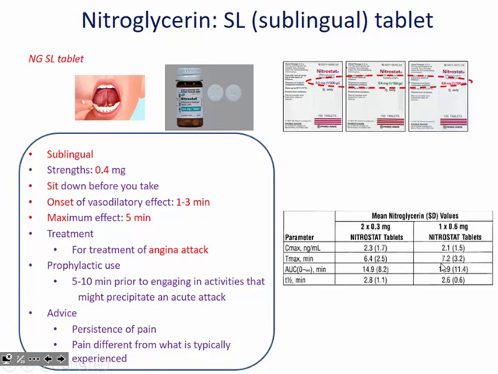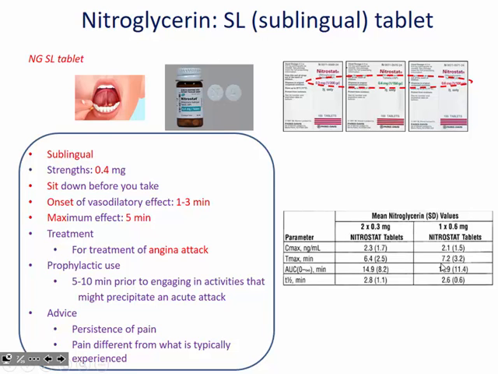So 6 or 7 minutes is where the Tmax is, right? So no wonder you have a maximum effect at about 5 minutes, and that's why for angina, they usually take 1 nitroglycerin tablet, and if they don't see relief, they go for the second one after 5 minutes, okay? And so that's because the maximum effect you would expect at 5 minutes. If nothing happens, you go for another dose, all right?